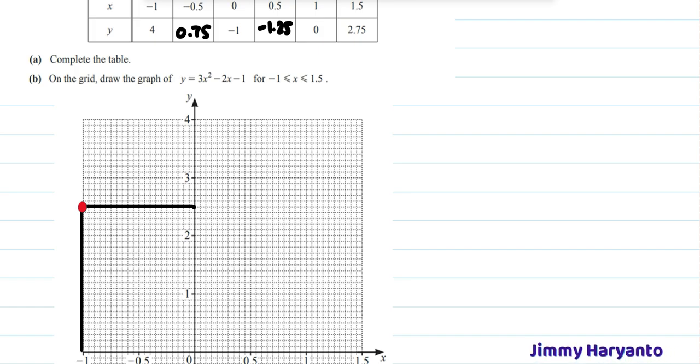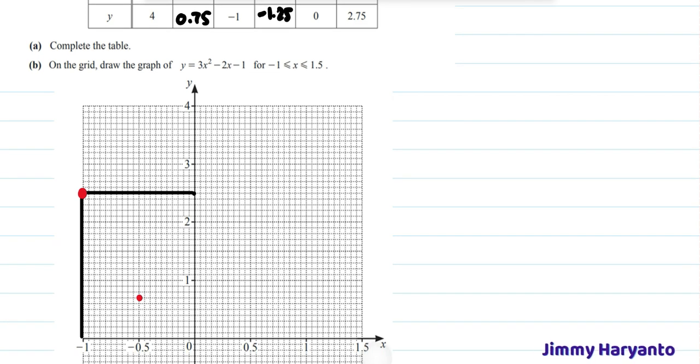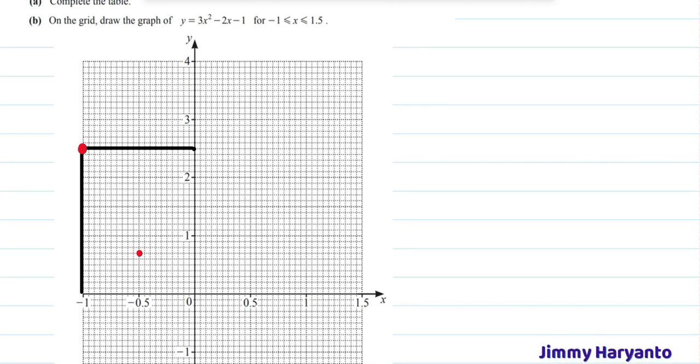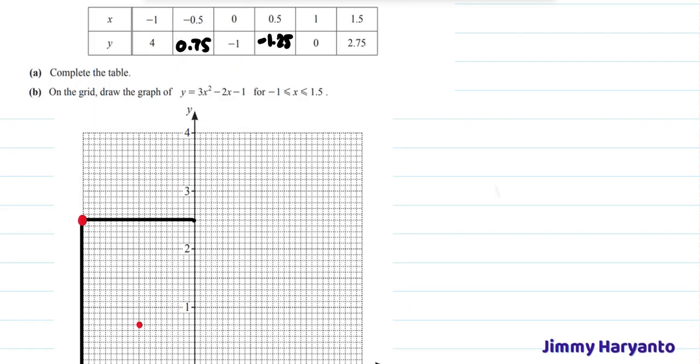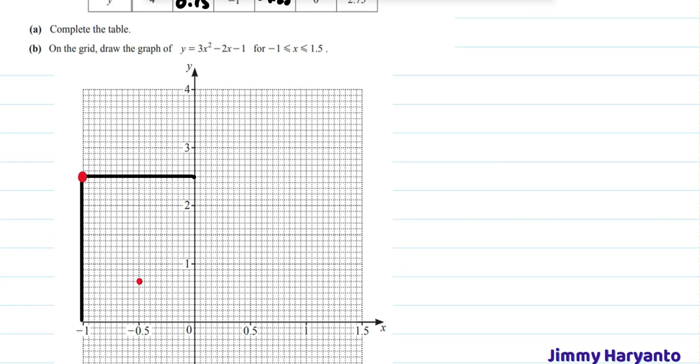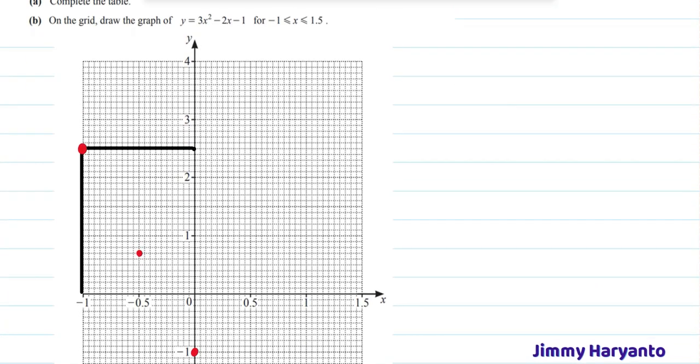Negative 5 and 0.75. Maybe right here. Okay, and then 0, negative 1 here, and then 0.5, negative 1.25.